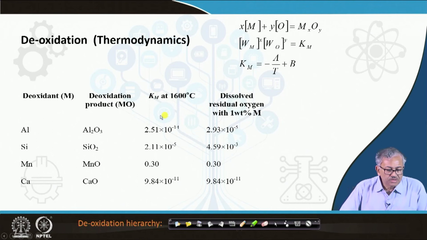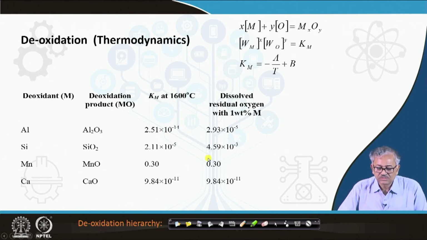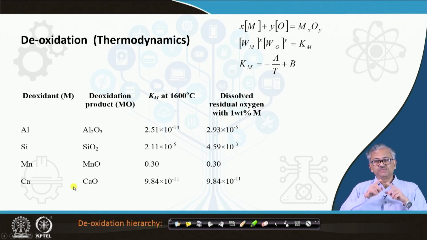And for silicon and manganese, comparatively high oxygen will be there, that is 0.3 weight %. That means 0.3 weight % is 300 ppm. Otherwise, you can see the ppm is very low, almost 0, for calcium.